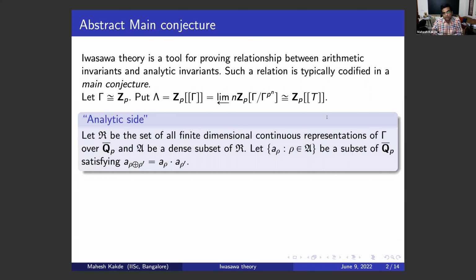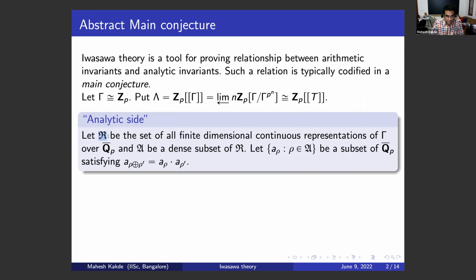So on the analytic side, later on I'll replace this gamma by more general groups. If you want, you can think about a more general group here as well. R is the set of all finite dimensional continuous representations which are Q_p-valued. In this case we will just have abelian representations and direct sums of them. But if it's a non-abelian group, then we can have irreducible representations which are not one-dimensional.